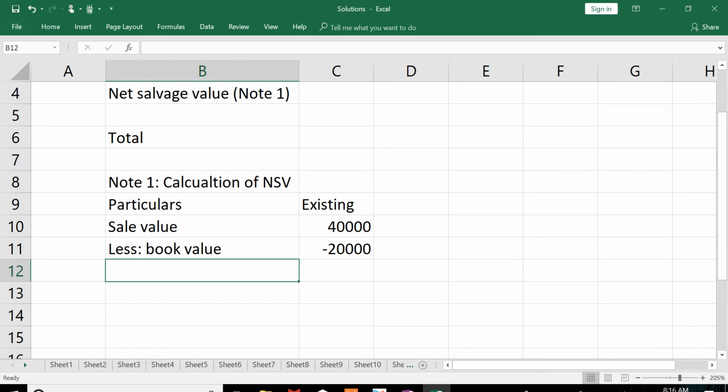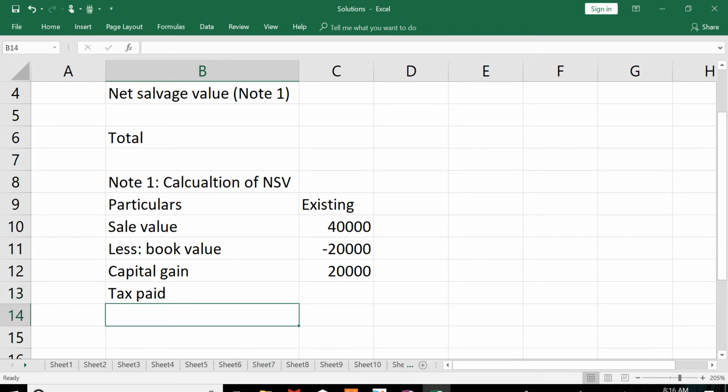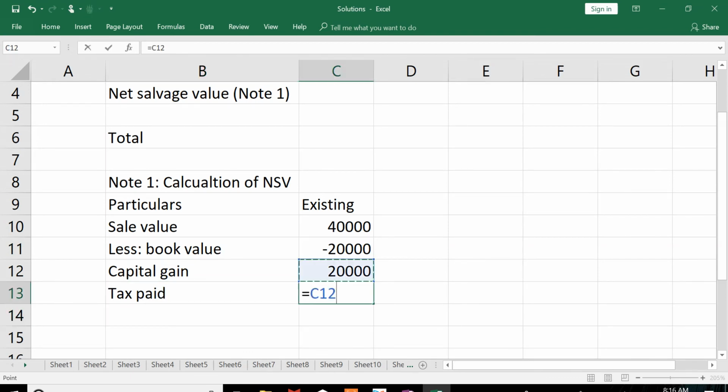Sale value less book value. Capital gain, tax paid. What's the tax rate? NSV.